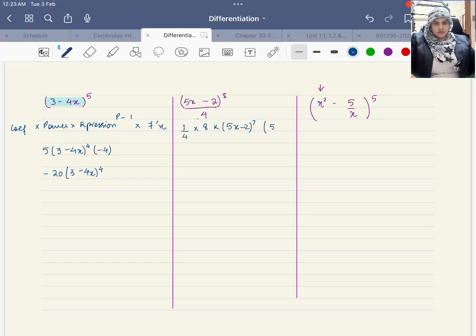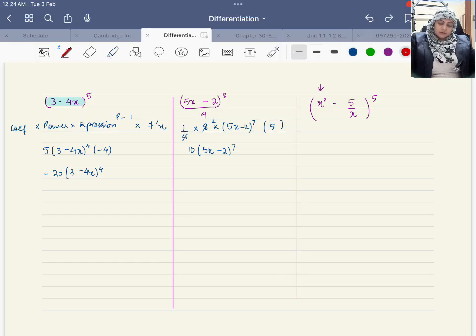Differential of 5x is 5 and differential of 2 is 0, right? So this and this cancels. This becomes 10, 5x minus 2 to the power 7. How 10? This 2 and this 5 multiply with each other.